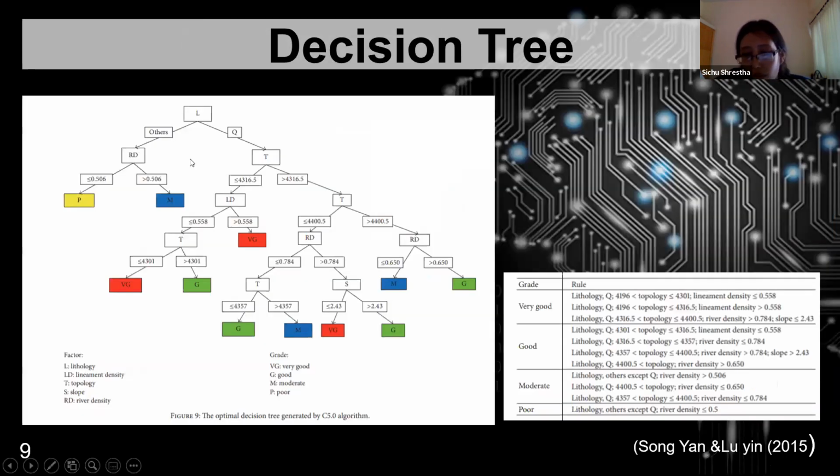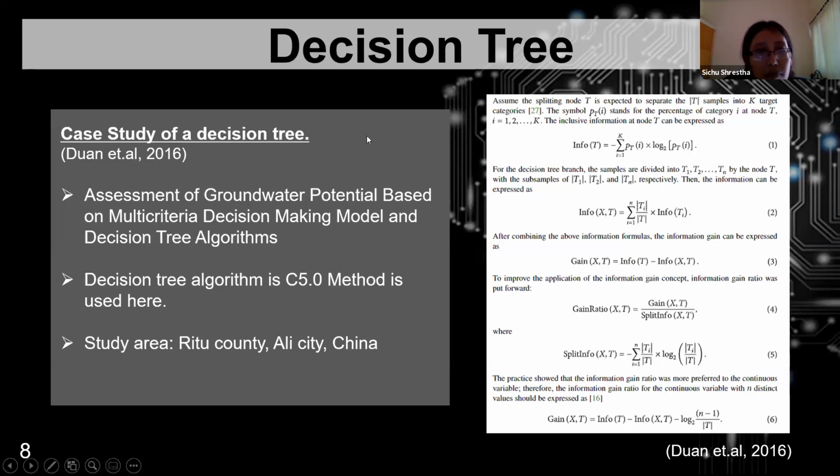This is a case study example of the use of decision tree.